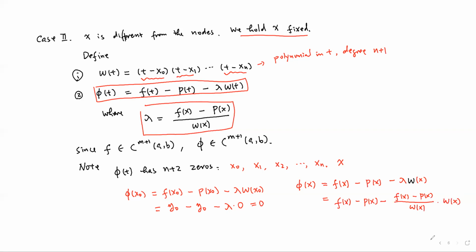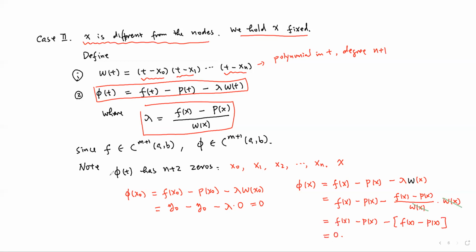W at x is a non-zero number, because x is different from the roots. So w of x is non-zero. Now I cancel this non-zero number. Then I get f(x) minus p(x) minus f(x) minus p(x), so 0.